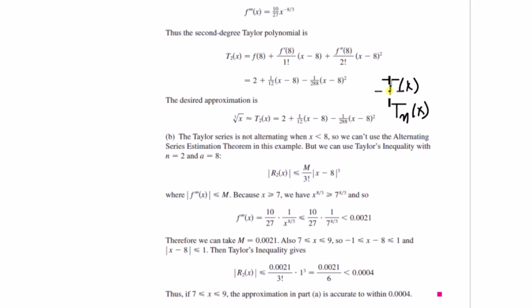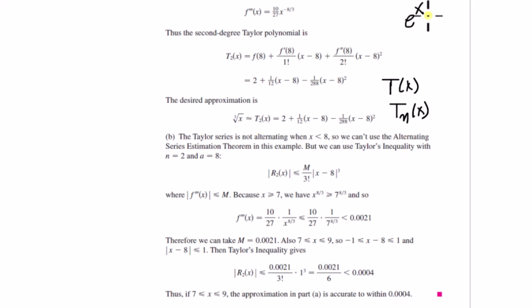I think the reason they do that is because in general, as n goes to infinity, it doesn't matter what the center point is. Well, it kind of does if the radius of convergence is not infinity. But even so, you still don't indicate the center point when it comes to T of x or T sub n of x, because it's like with e to the x, right?